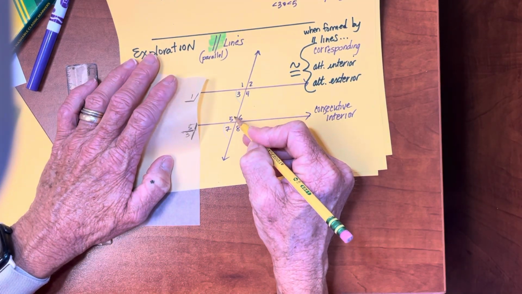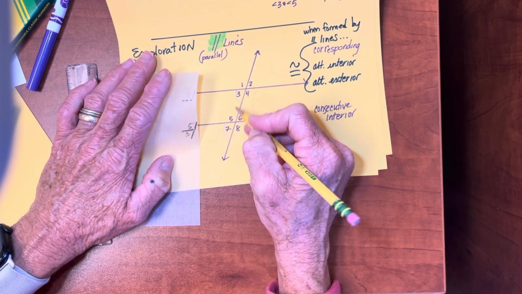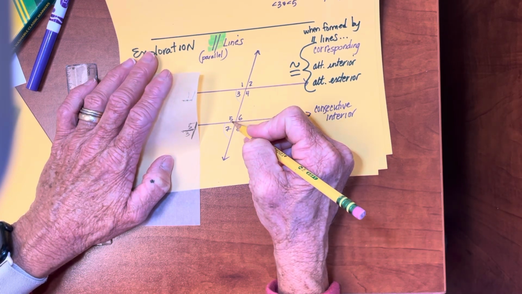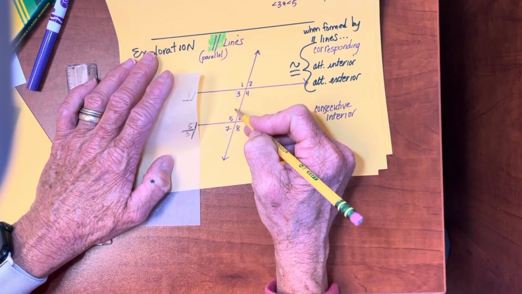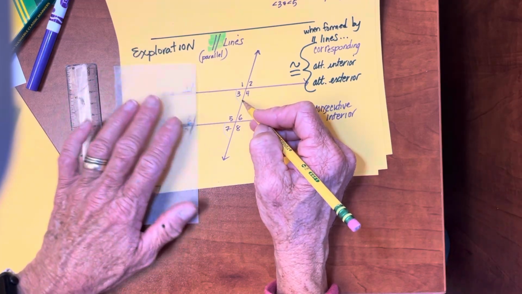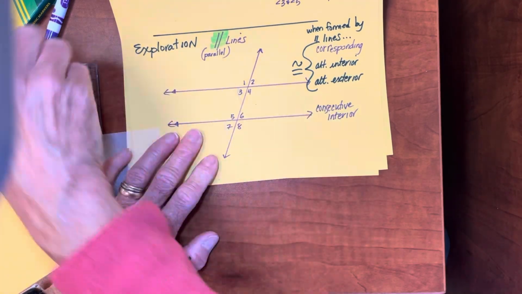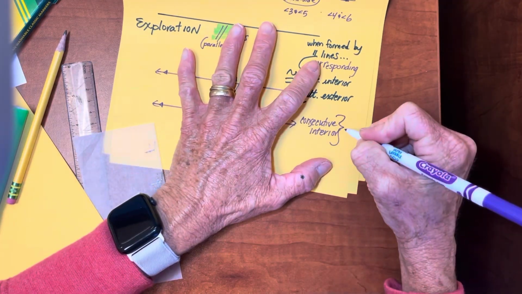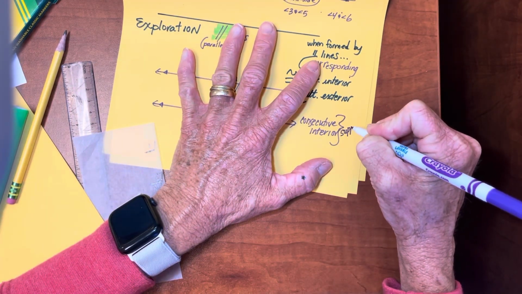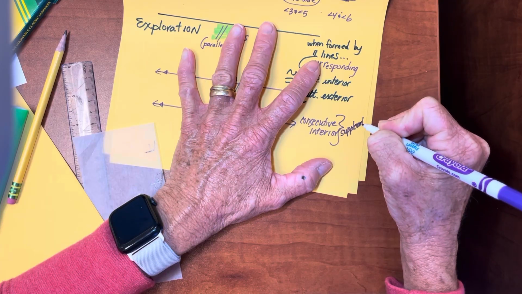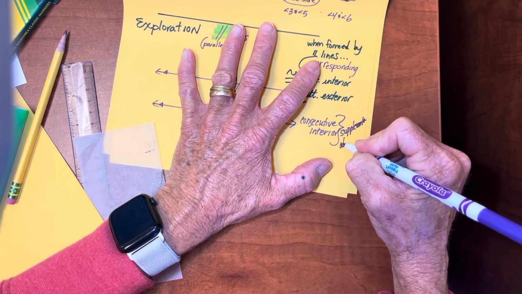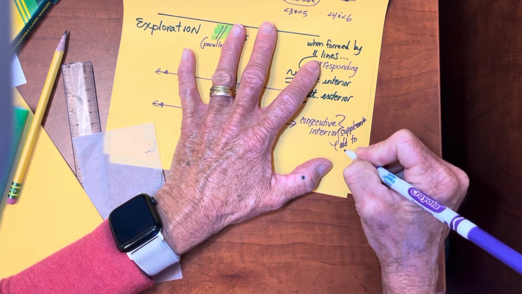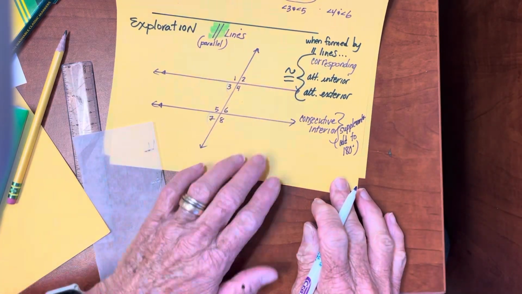So if 7 and 5 make a linear pair, then it would stand to reason that 3 and 5, while they don't form a linear pair, will be supplementary. They're going to add up to 180. All right, so consecutive interior angles are supplementary. They add to 180 degrees.